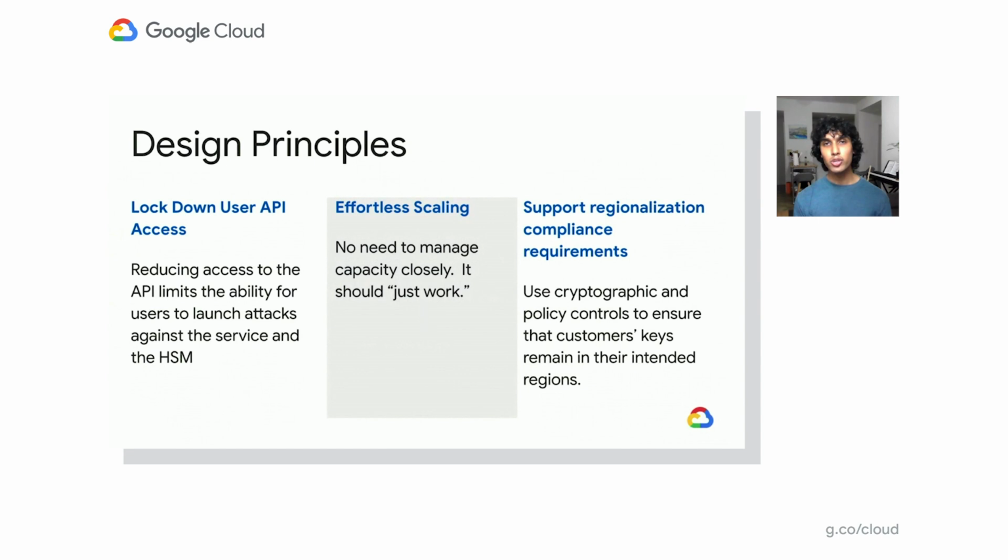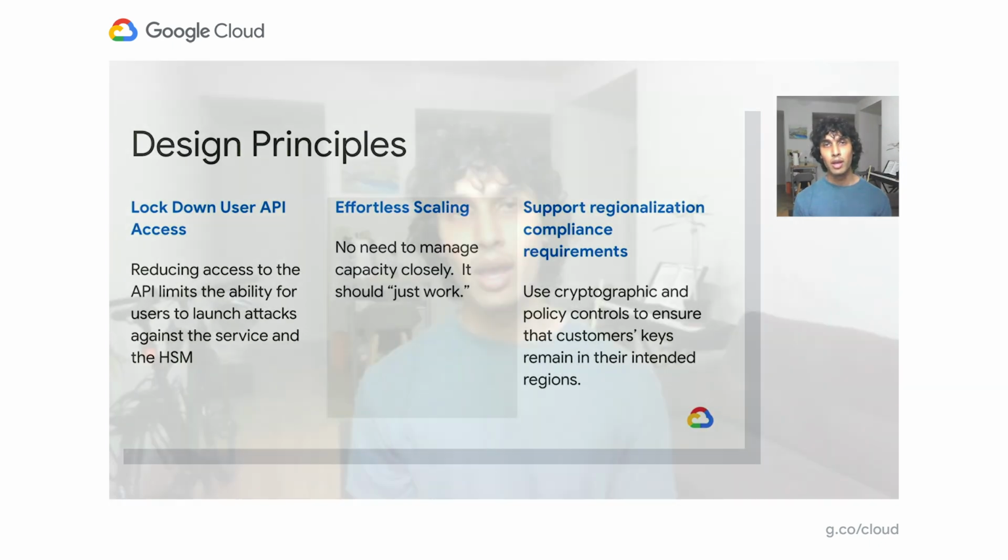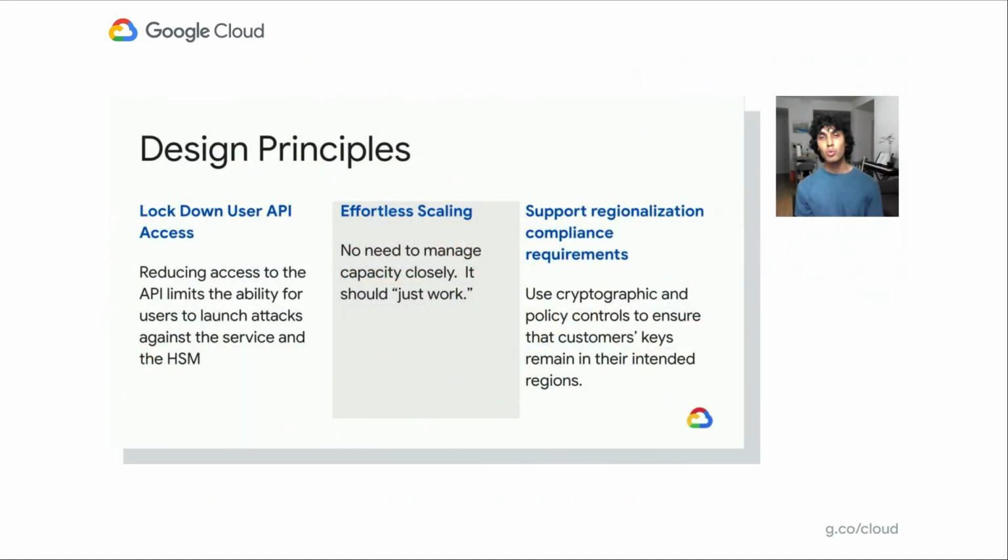Second, one of the major reasons to move to the cloud is to no longer need to manage your own devices. We want Cloud HSM to fit in that same customer experience. As Ilsung said, we want customers to pay for a consumption model, not for having to provision their resources beforehand. And third, a lot of customers have compliance requirements around where their keys are geographically located. We want strong cryptographic and administrative controls to make sure that we can maintain these requirements.